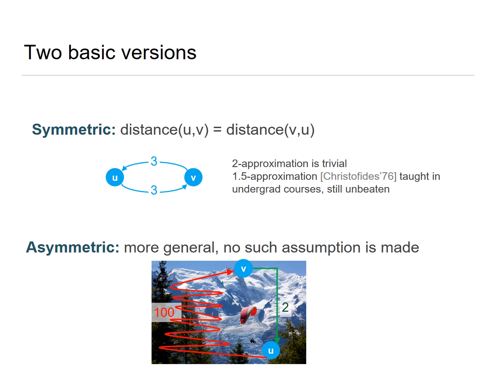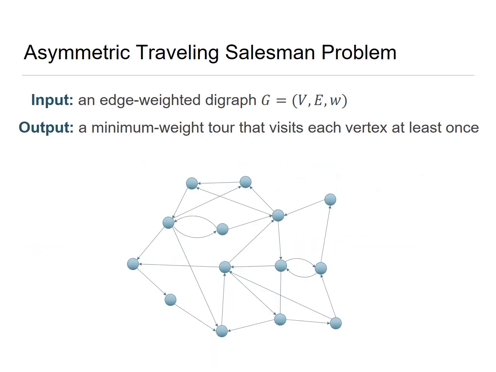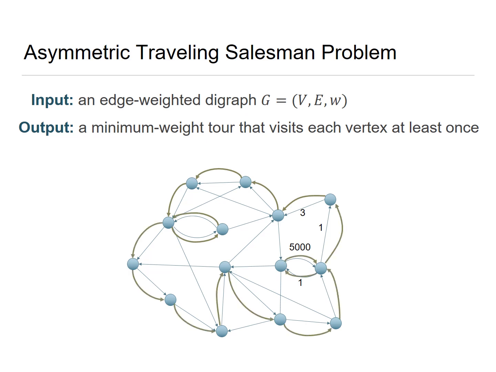Alright, so we focus on this one. Formally, we're given a directed graph, and we want to output a minimum weight tour that visits each vertex at least once. Maybe the graph looks like this. There are some weights on edges. You can see they are not symmetric at all. And an example tour might look like this.